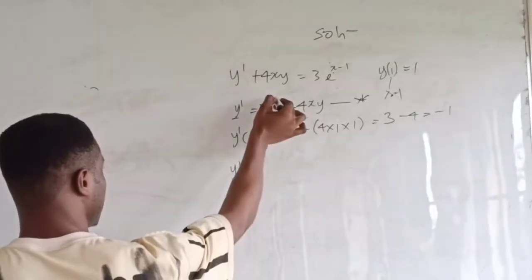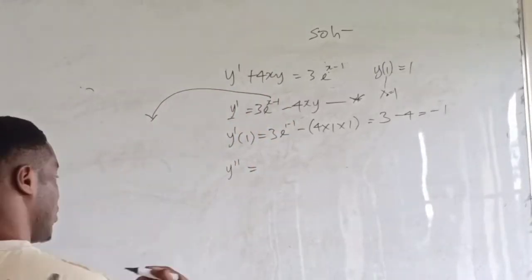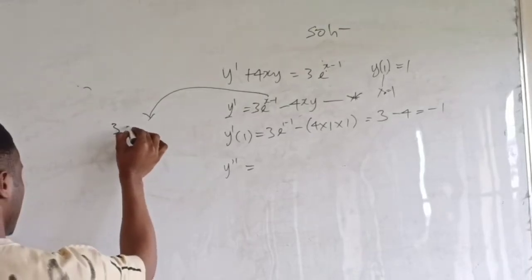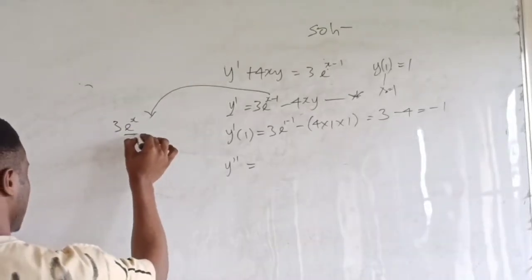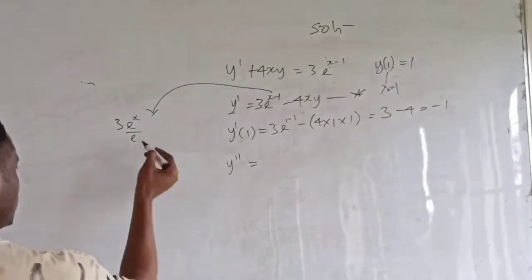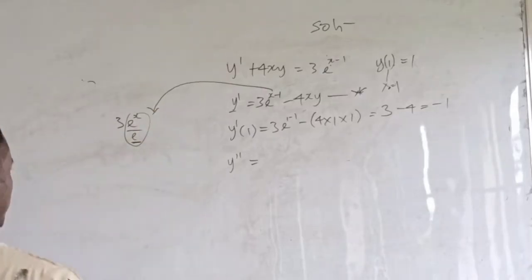I want you to know that another interpretation of it is 3 exponential x over e, from the law of indices.